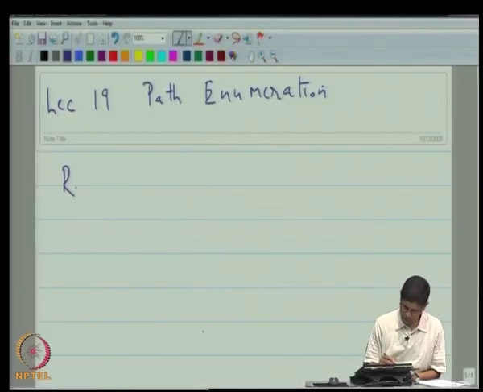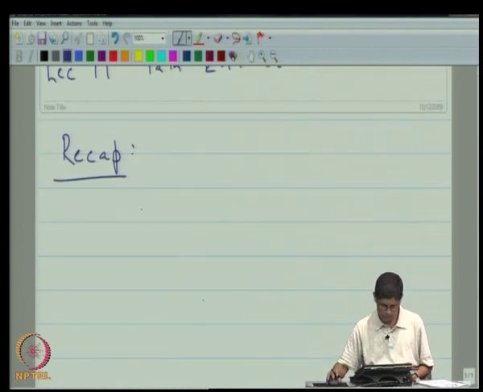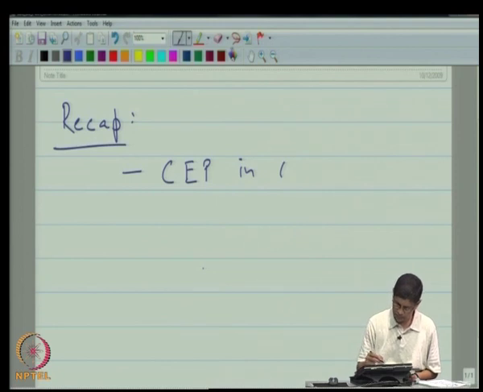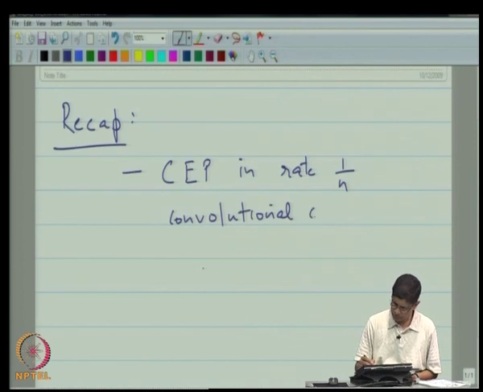So recap. We looked at catastrophic error propagation in rate 1 by n convolutional codes.